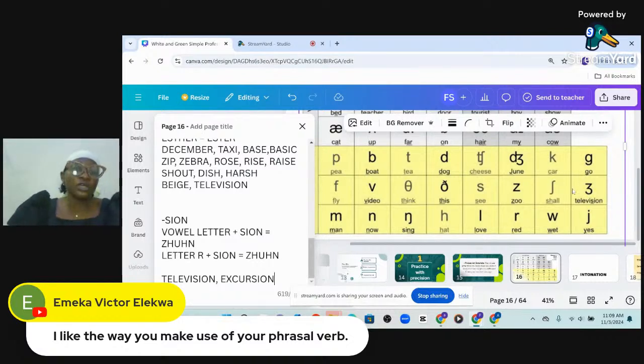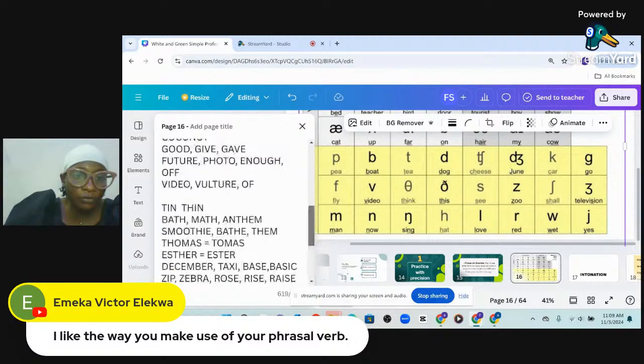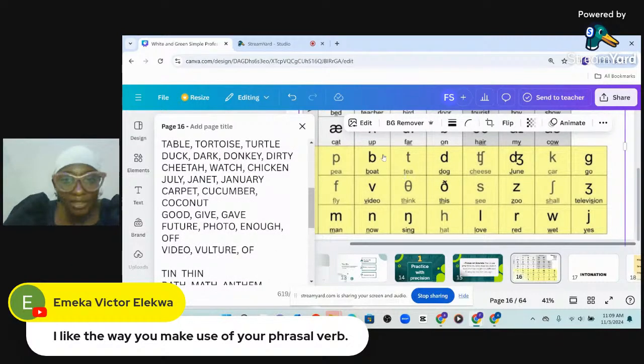So let's go over these set of consonants again together. So the first is f, as in future, photo, enough, off.